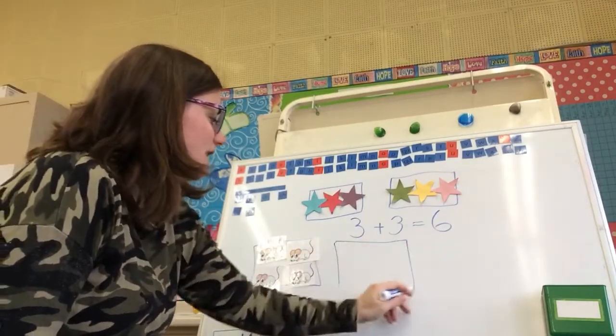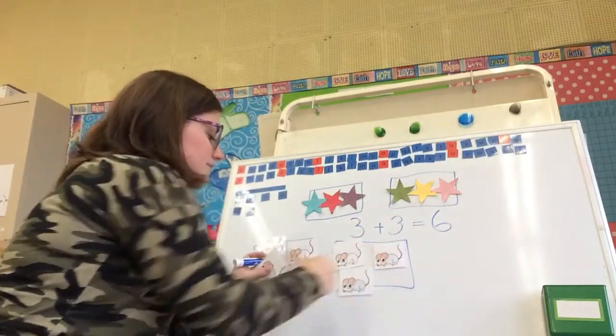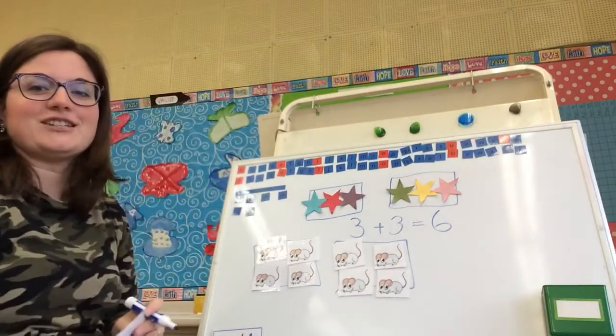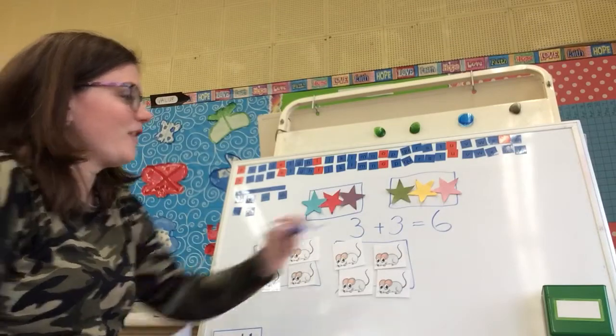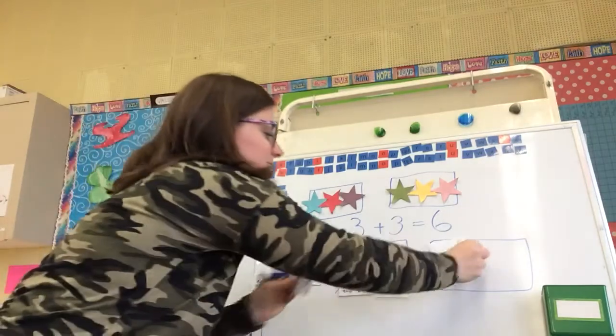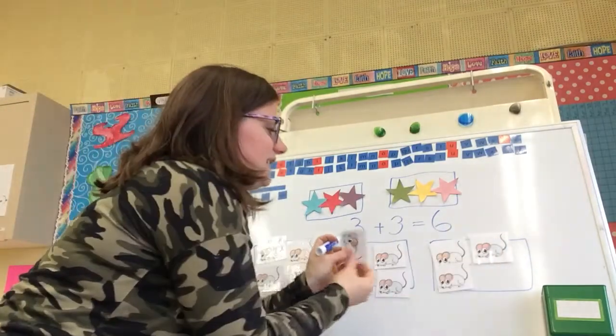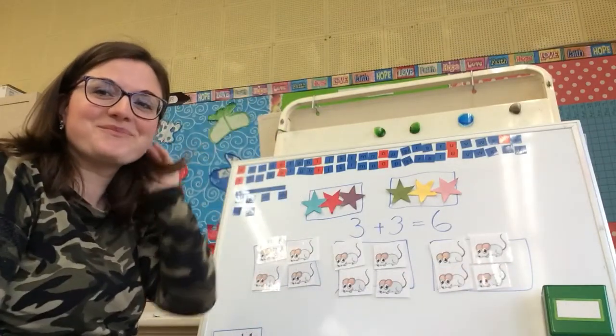And I'm going to draw another cage. How many are in the second group? 4. And let's do one more group over here. And how many are in this group?